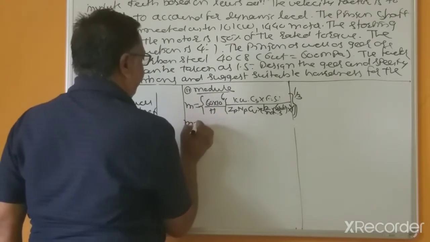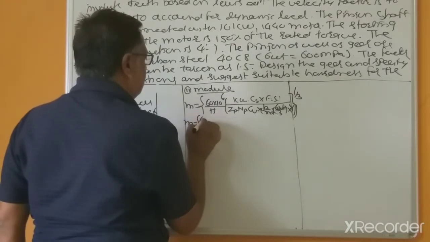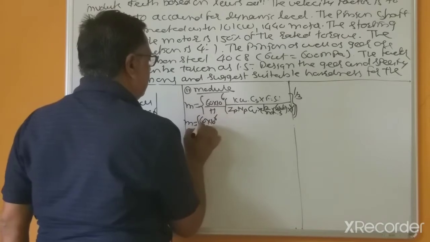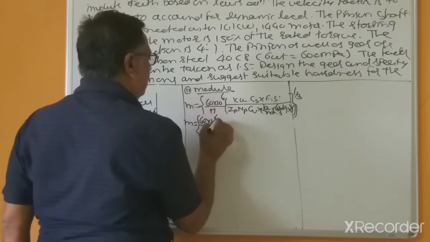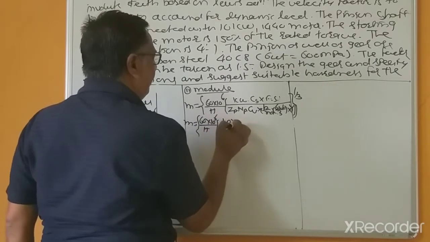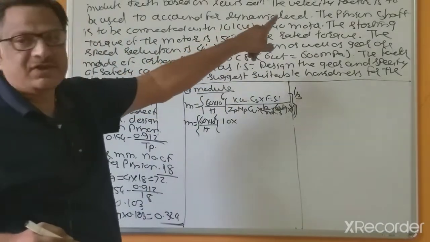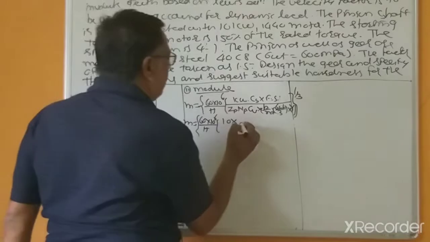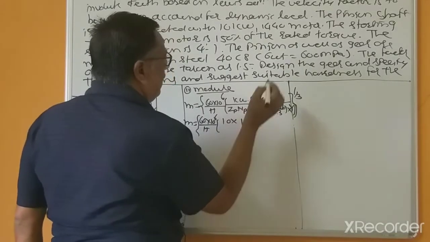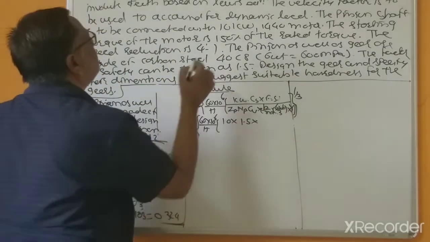So that's why this is 60 into 10 to the power 6 divided by pi kilowatt into CS. So this CS equal to service factors 150%, and this is 1.5. Factor of safety also is given.